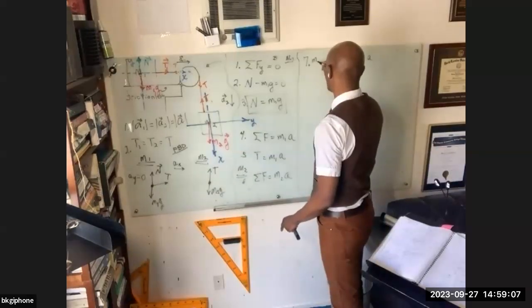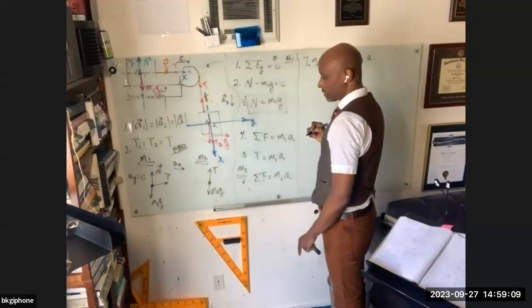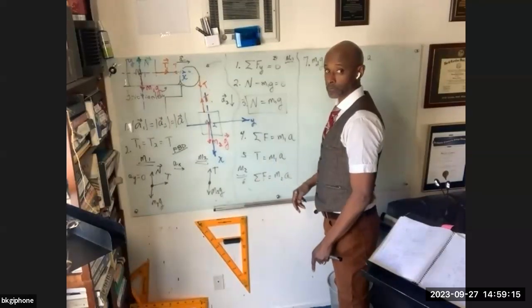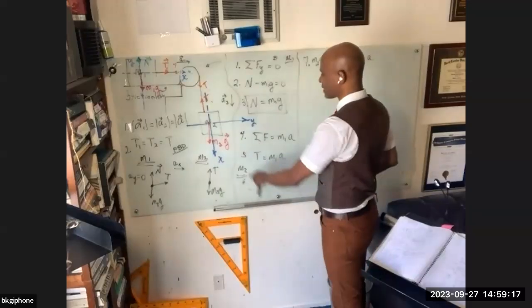You can write M1A, maybe. M2A, yeah, go ahead. G. That's what you meant, right? M2A. Yeah. Sorry, it's not M2A, it's M2G.